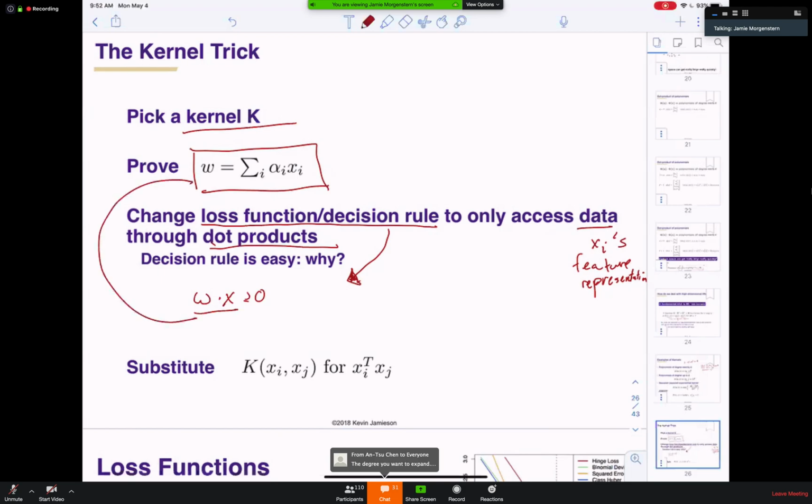However, because we proved that W can be represented as a linear combination of our initial data points, this is equal to the sum of alpha I xi dot x.